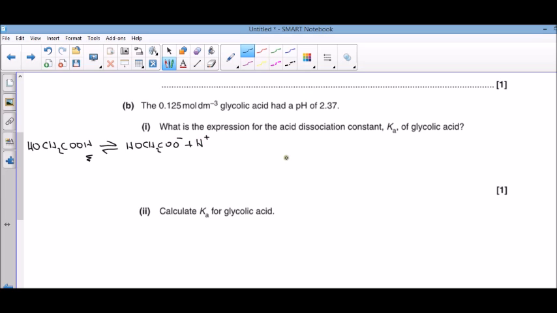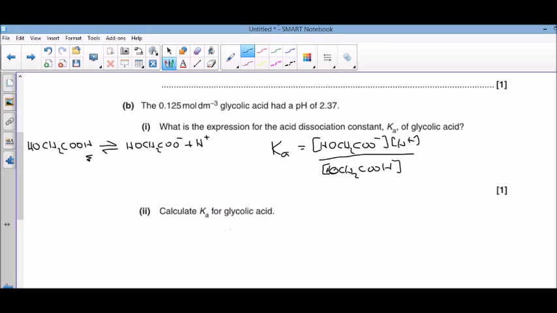So now we can write a Ka expression. So Ka, and remember it's the products over the reactants. Okay, so 1 mark for my Ka expression, and the next one we're going to calculate that.